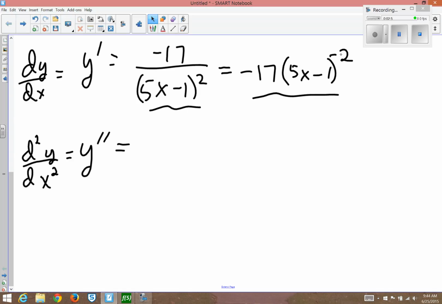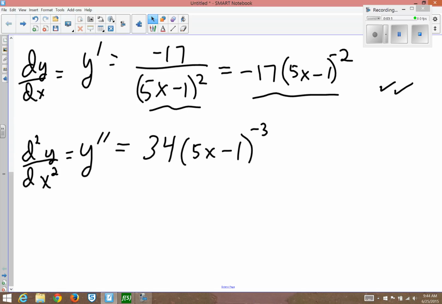The first thing is multiply the exponent by this number out here. The second thing is to copy the 5x minus 1, copying whatever's in the parentheses. The third thing is to make the exponent go down by 1. Negative 2 minus 1 is negative 3.